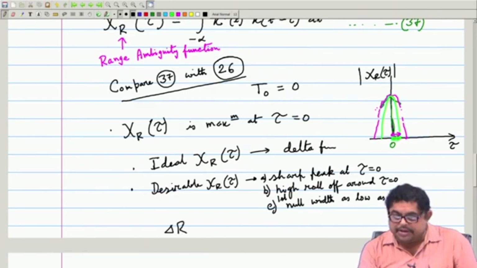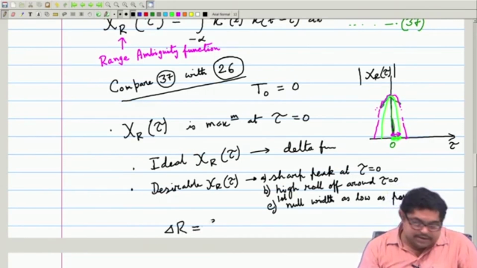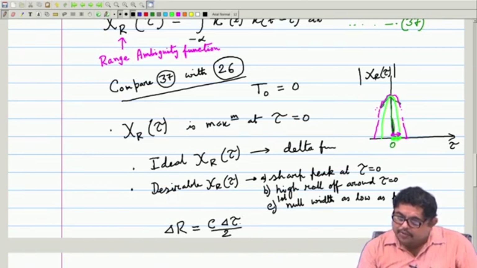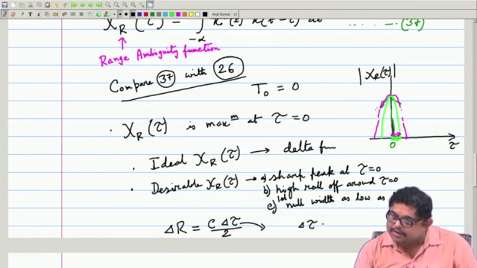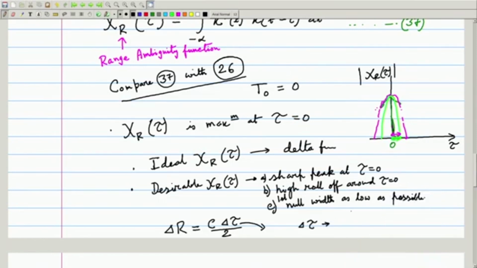We have said that the minimum separation between the two targets is C delta tau by 2, where delta tau is the width of the first null of the range ambiguity function, the chi of tau function.